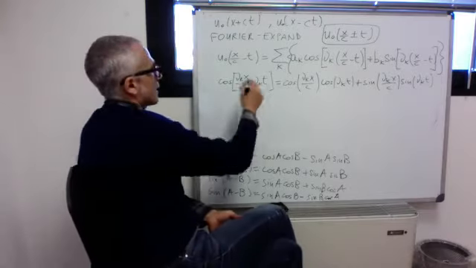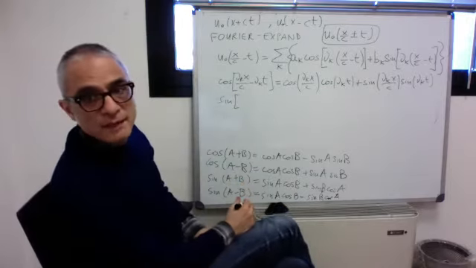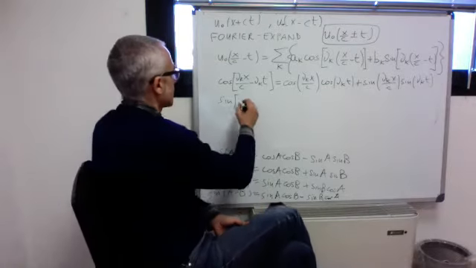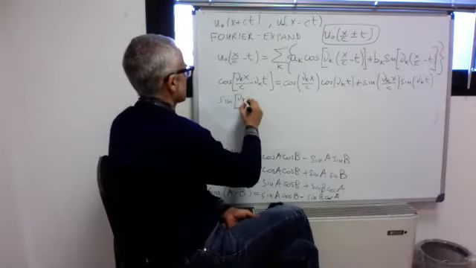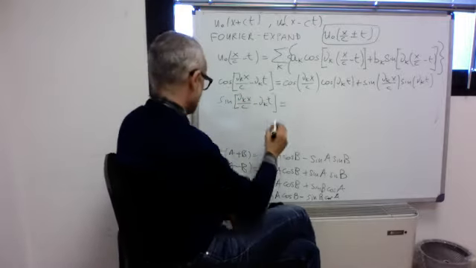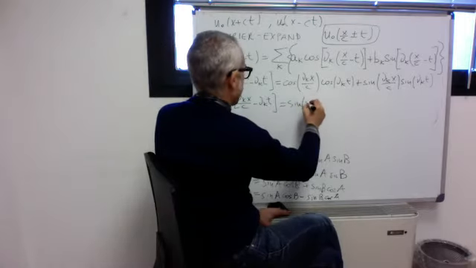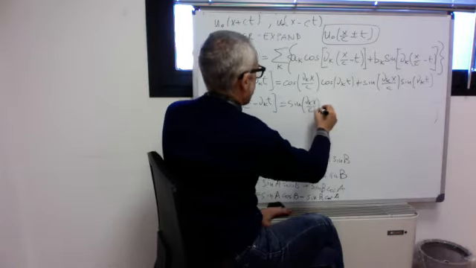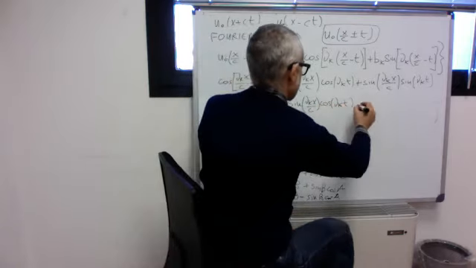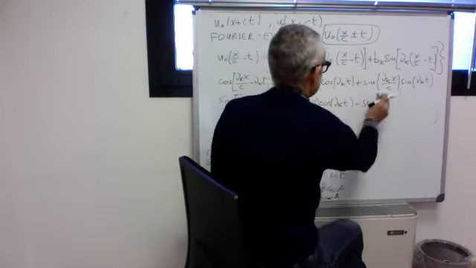For this, I do the sine of the same thing, and I get nu_k x over c minus nu_k t, and that's sine cosine minus sine, well, minus cosine sine.